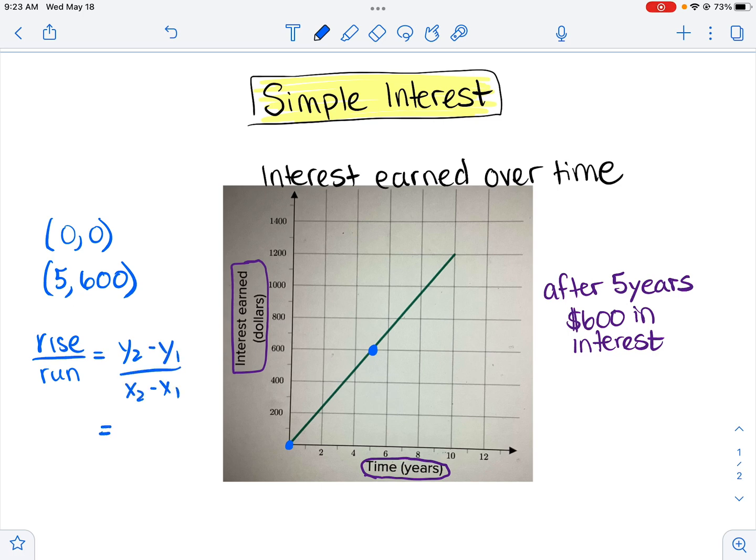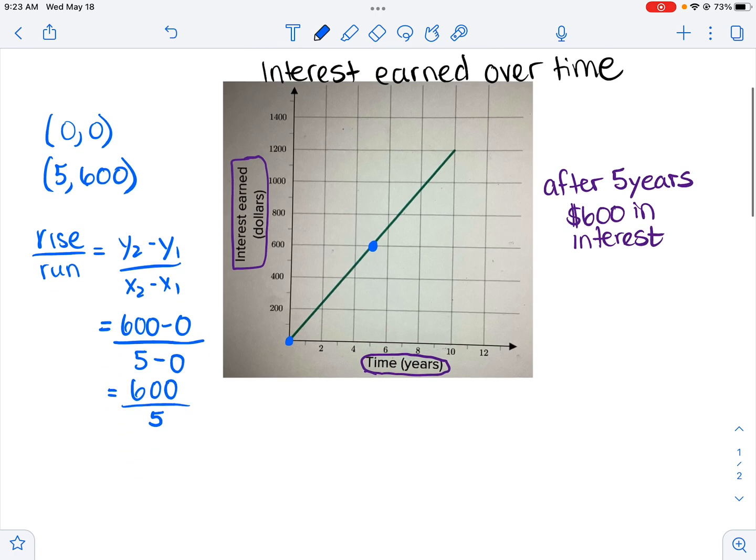So we're going to subtract the y coordinates, so 600 minus 0, and we're going to subtract the x coordinates, so 5 minus 0, leaving us with 600 divided by 5, which is 120. So 120 is the slope of this line.